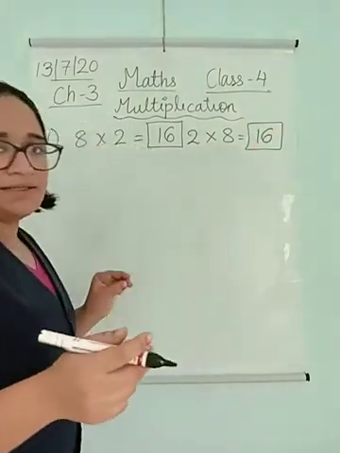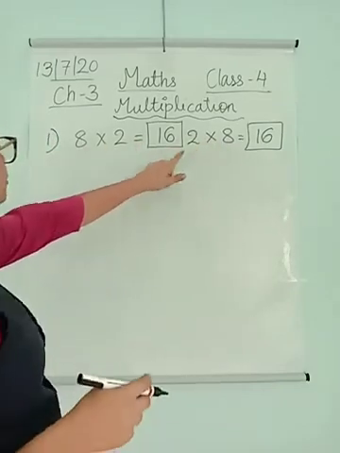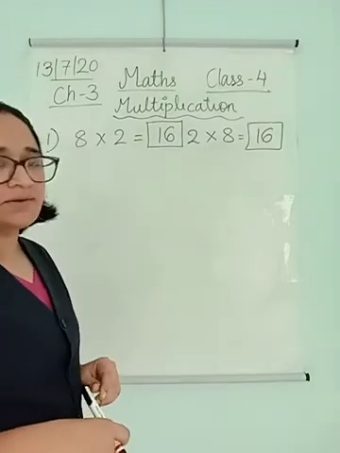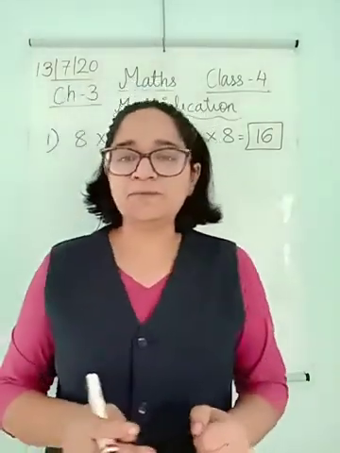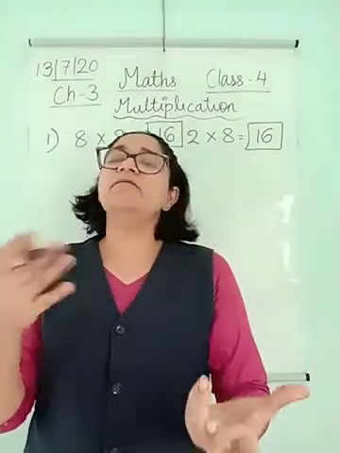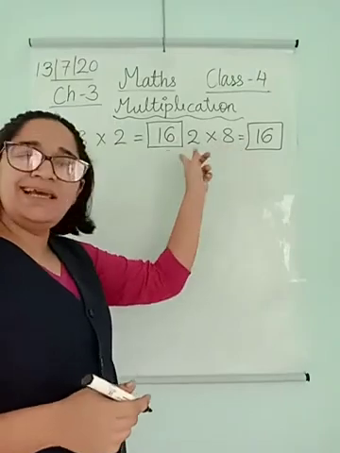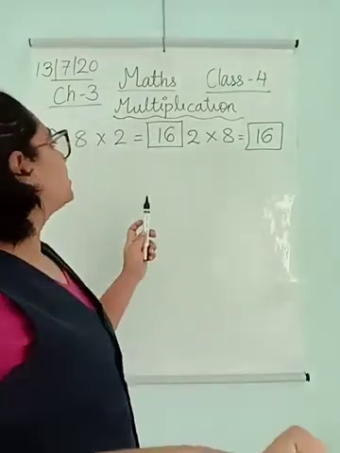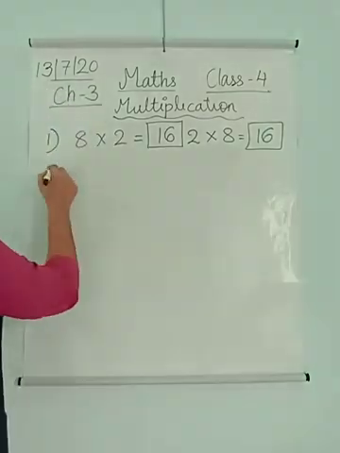So even if I write 8 afterwards and 2 before, it doesn't make any difference. This is the first property of multiplication: any number can be written first or last, but the answer will always be the same.